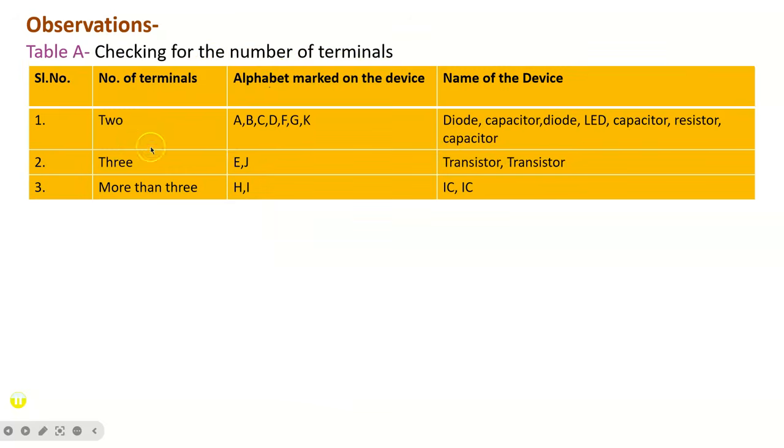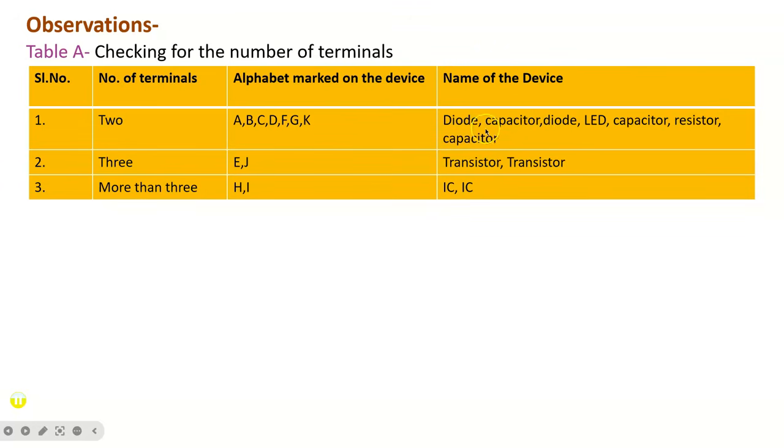First of all, in table A, checking for the number of terminals: 2 terminals, 3 terminals, more than 3. In the figure, A, B, C, D, F, G and K are 2 terminals, E and J are 3 terminals, H and I are more than 3 terminals.